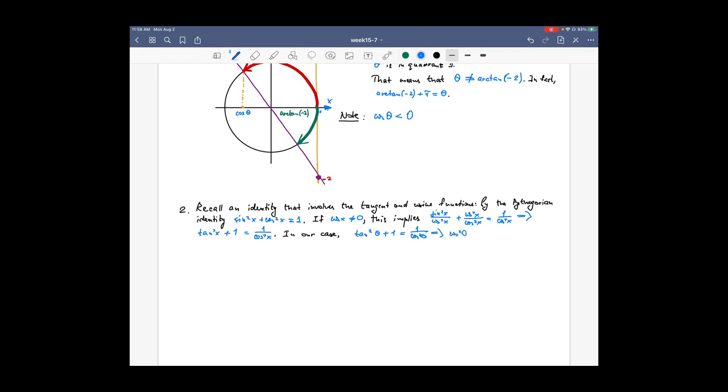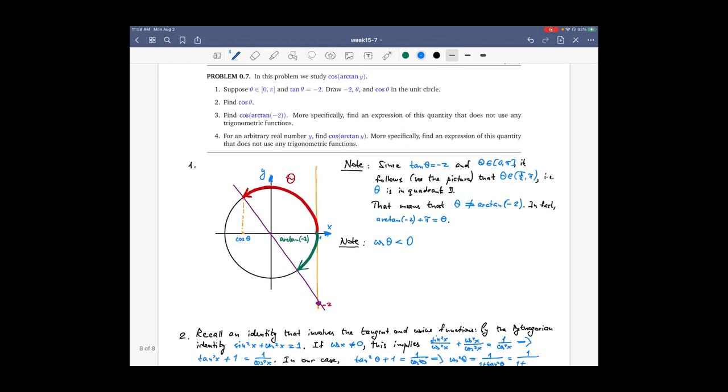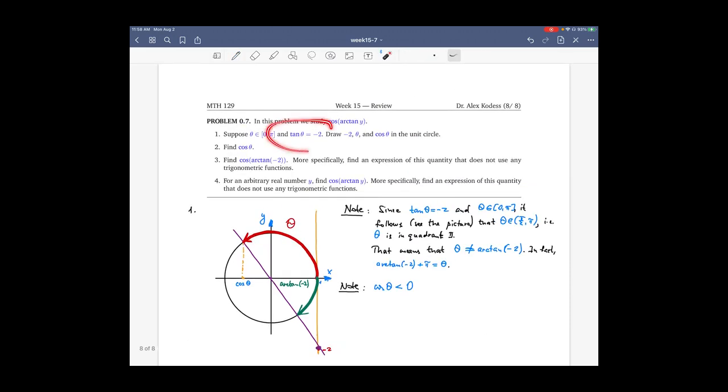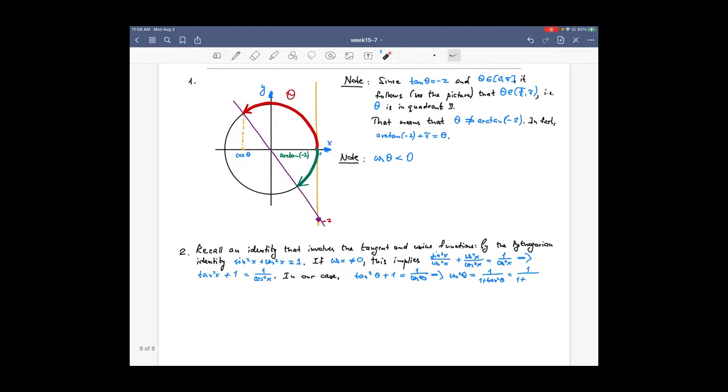Therefore, cosine squared theta equals 1 over 1 plus tangent squared theta, and that is 1 over 1 plus, again, tangent theta is known to be negative 2. So if I use this information here, I get that cosine squared theta equals 1/5.